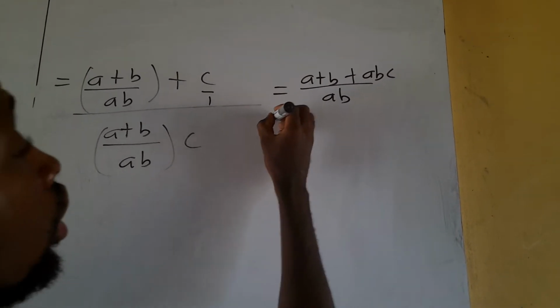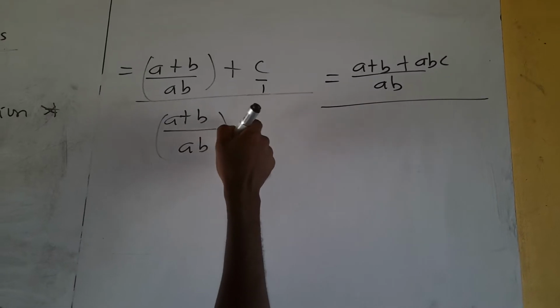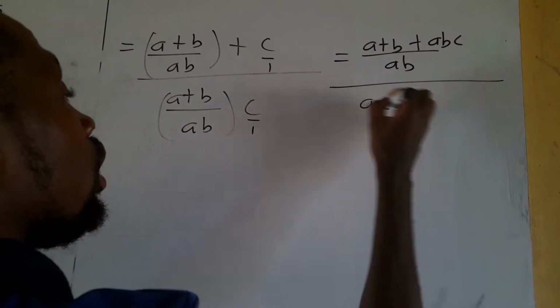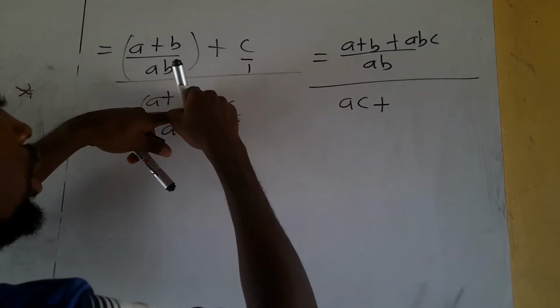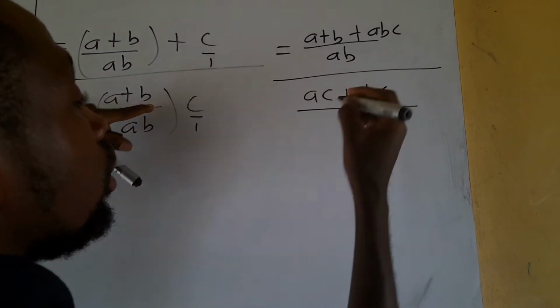That's for the top. Then down, this is multiplying. So remember this is over 1. This will multiply this, multiply that. So we have A multiplying C, AC. Then C multiplying B, BC over AB.